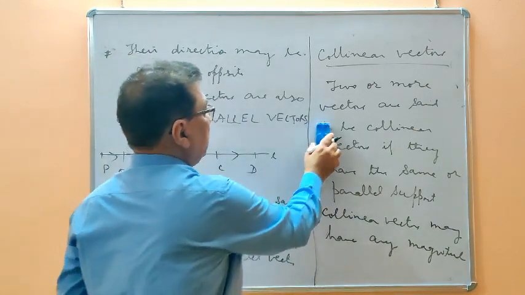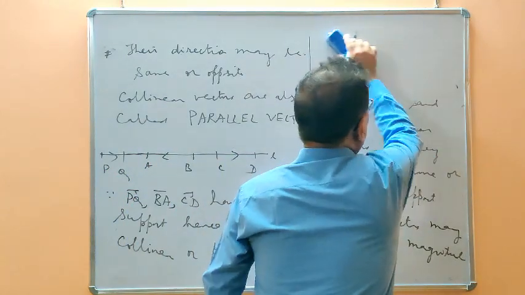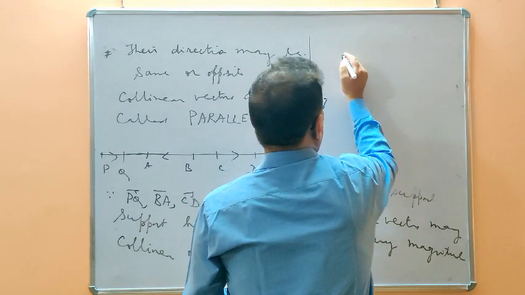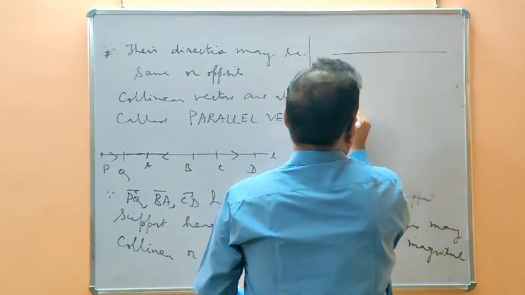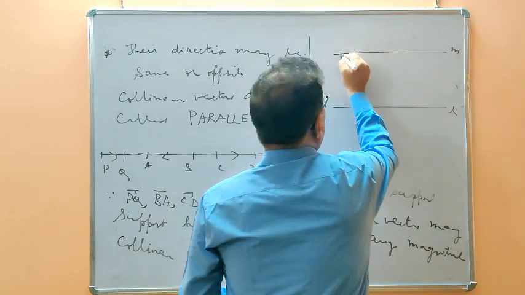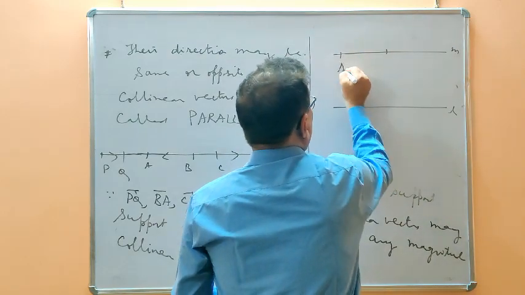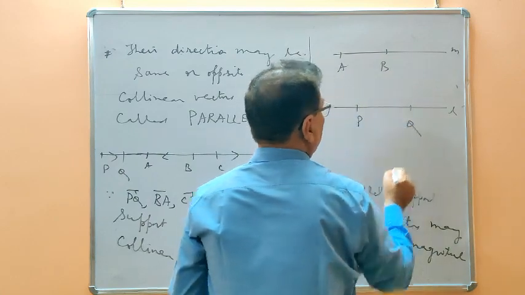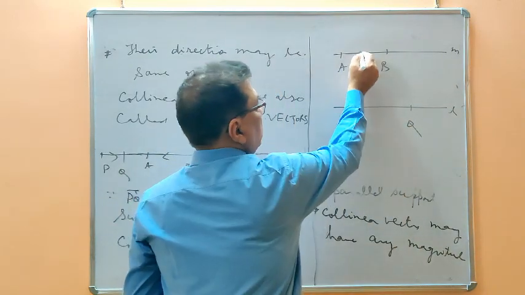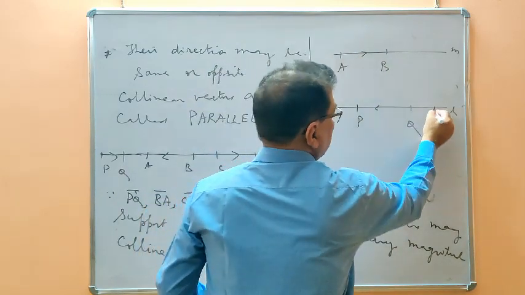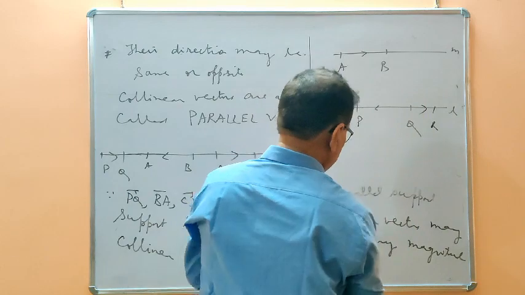Now another situation, suppose the supports are parallel, one is L, another is M, and if I take AB and PQ, suppose direction of AB is this and direction of QR is this.